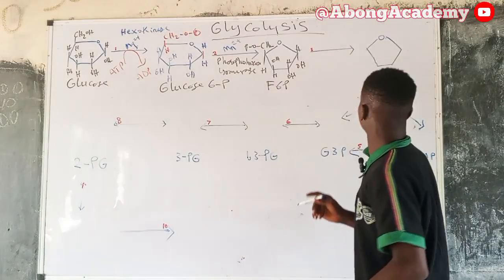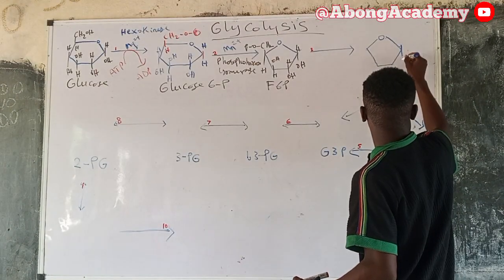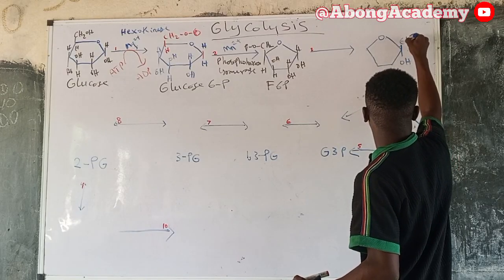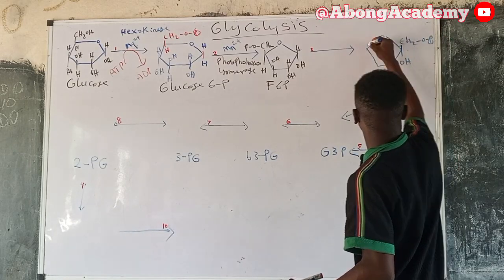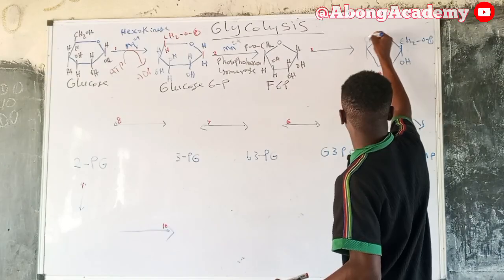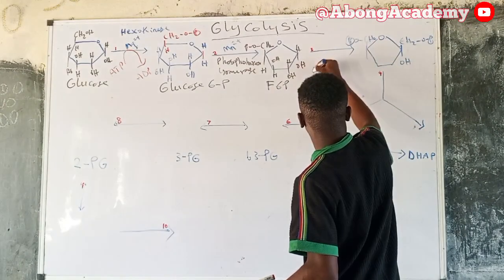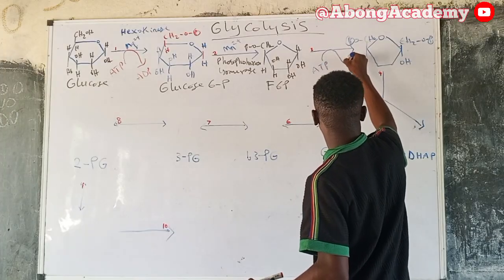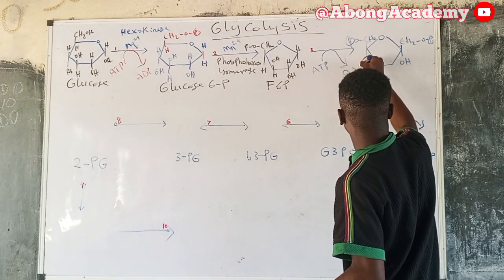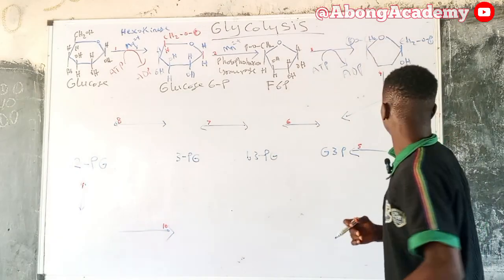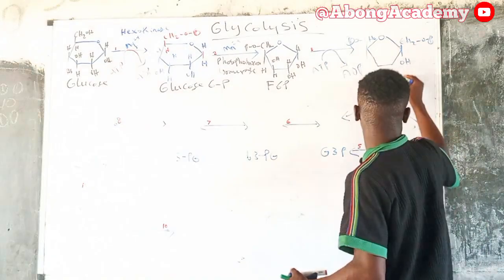fructose 6-phosphate is converted to fructose 1,6-bisphosphate. And ATP is required in this reaction, losing a phosphate group, that means serving as the donor of the phosphate group to fructose 6-phosphate, forming what?